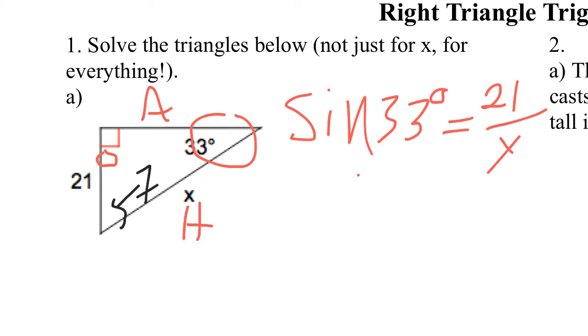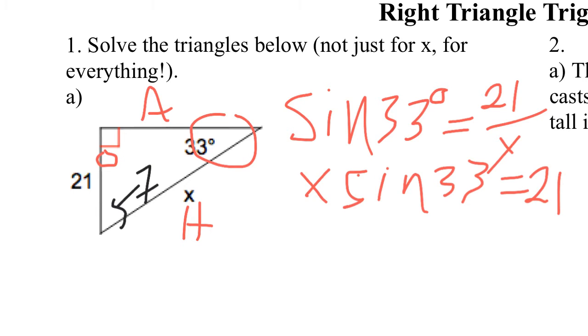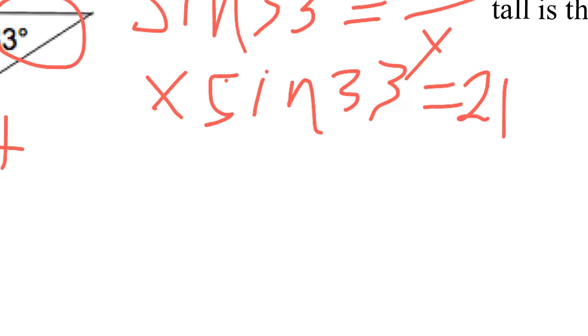I'm going to multiply both sides by x to get x sine of 33 equals 21. And divide both sides by sine of 33 in order to get x by itself.